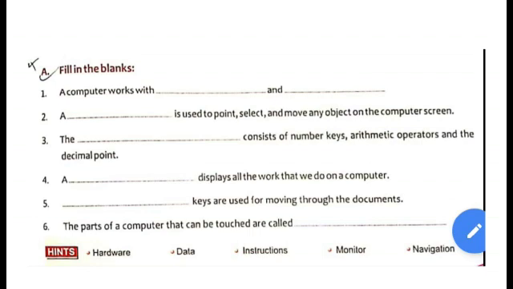Number 5. Dash keys are used for moving through the documents. So the answer is, navigation keys are used for moving through the documents.